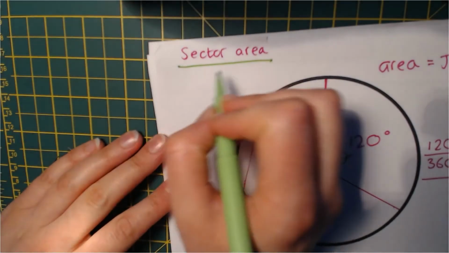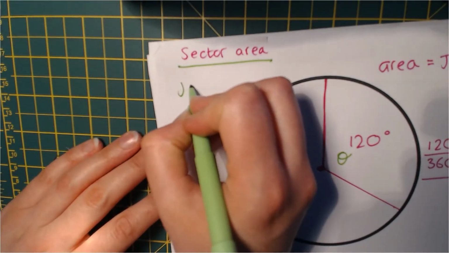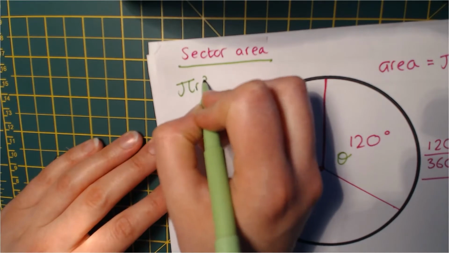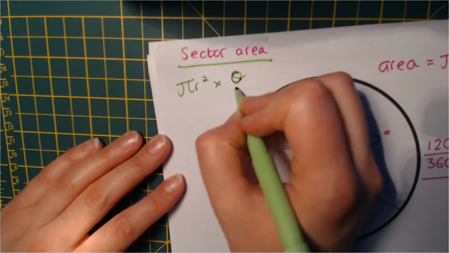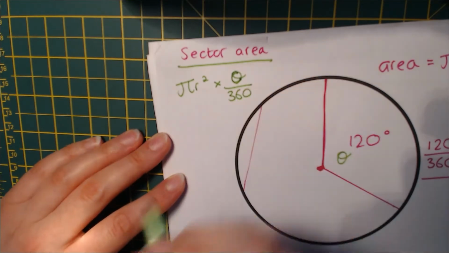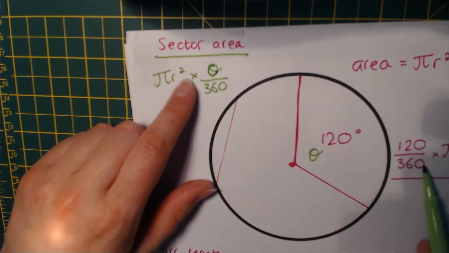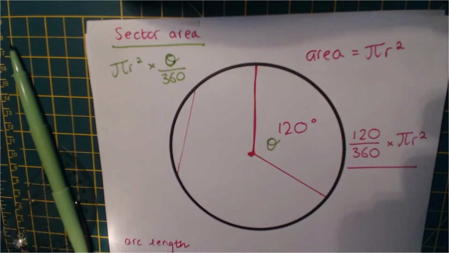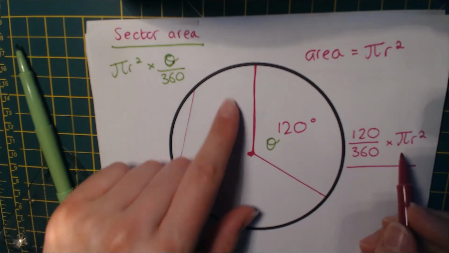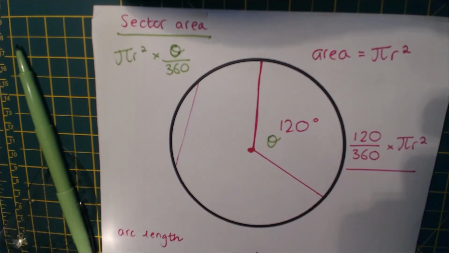So we've got sector area is pi r squared multiplied by theta over 360. Okay, so what you end up with here is a fraction. This one actually simplifies down to 1/3 of pi r squared. Okay, and that is how much of the area it would be. Okay, so you should be fine with that one.